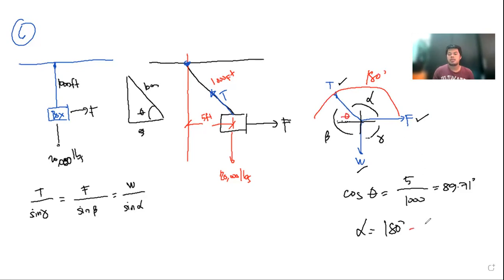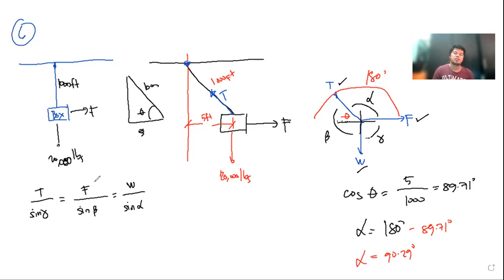So gamma is 180 minus 89.71, giving us 90.29. Okay, so such that we can find two possible combinations.